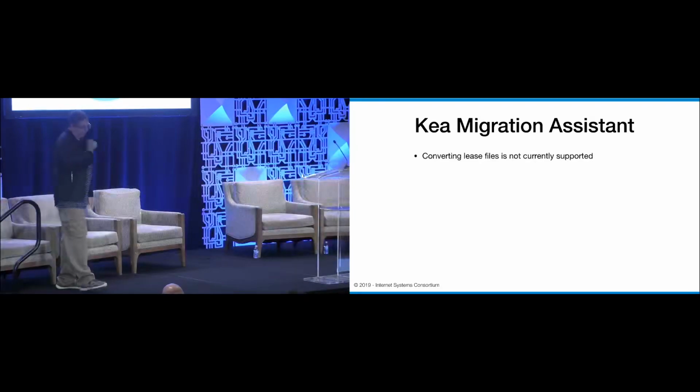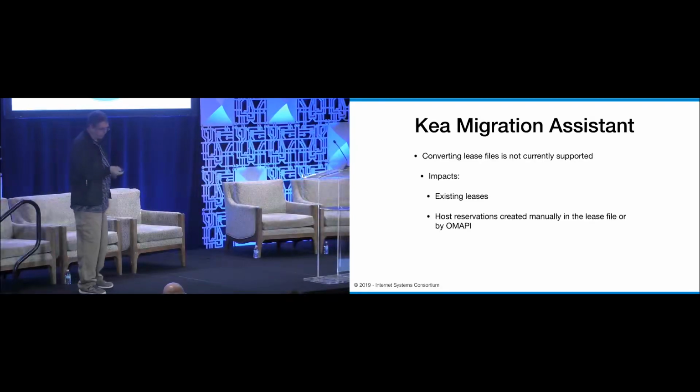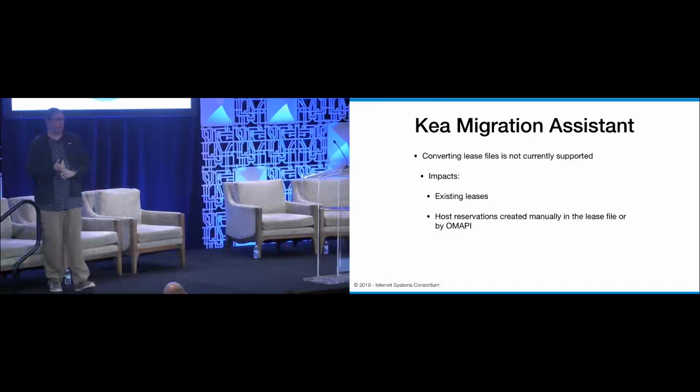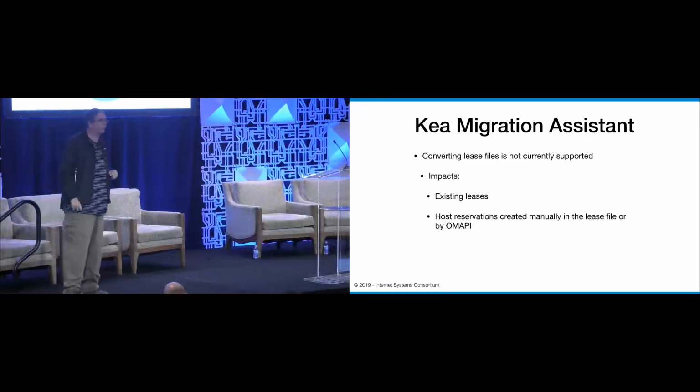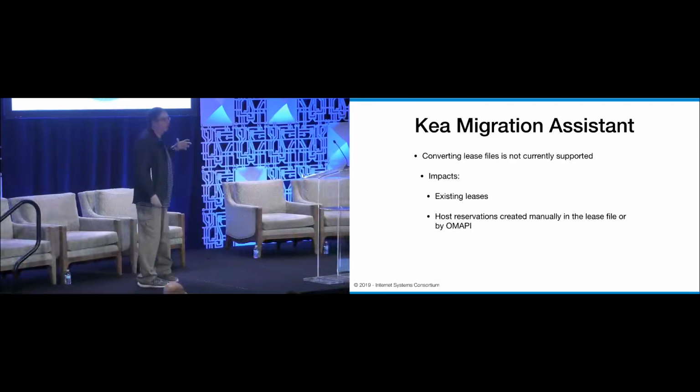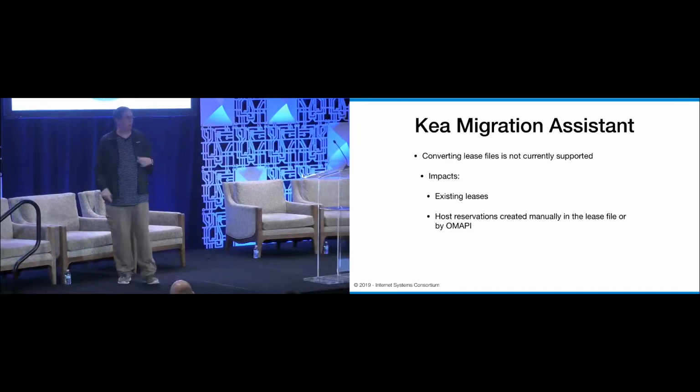So converting lease files is not supported, and I'll skip over that. The only time this is going to really matter, other than every once in a while there'll be a little bit of a conflict between machines wanting to get the same address, is if you are using OMAPI, or if you've modified the leases file and put leases into that file manually.